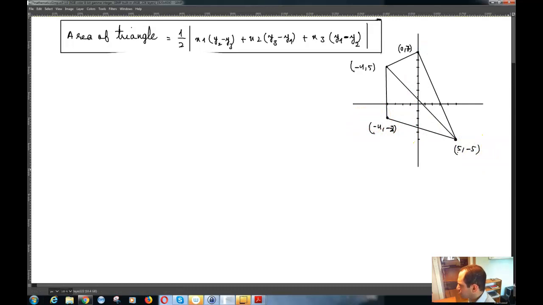So I'm just going to change these over here to A, B, C, and D. And then the area of triangle ABC.